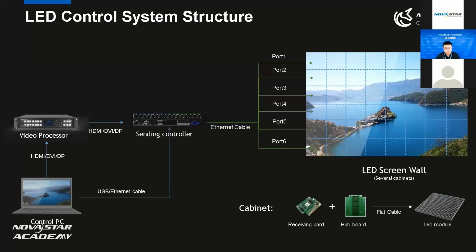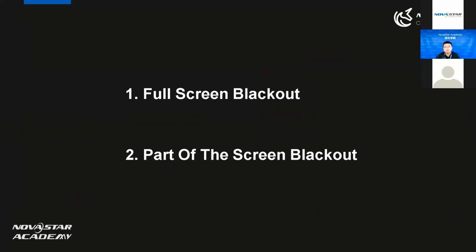We have a control PC, sending card, and video processor, and LED screen, and the receiving card, hub board, and LED module, and Ethernet cables and video cables. All these factors could be the reason for blackout issue. We need to do the troubleshooting step by step.